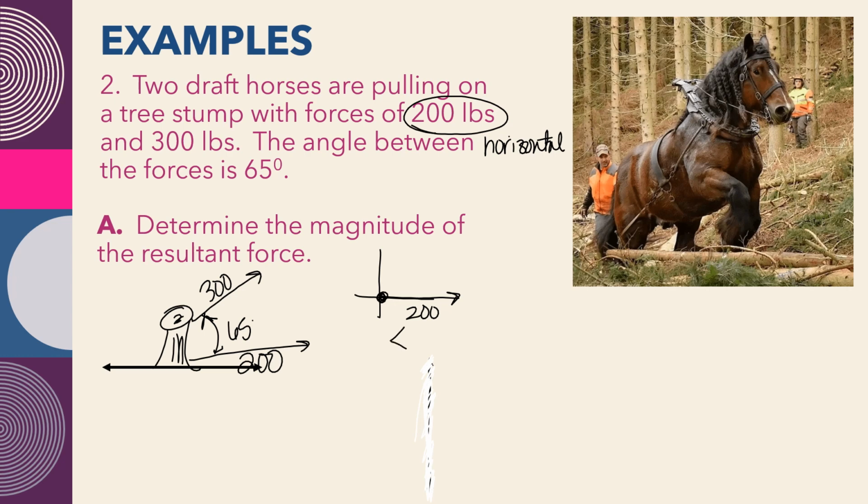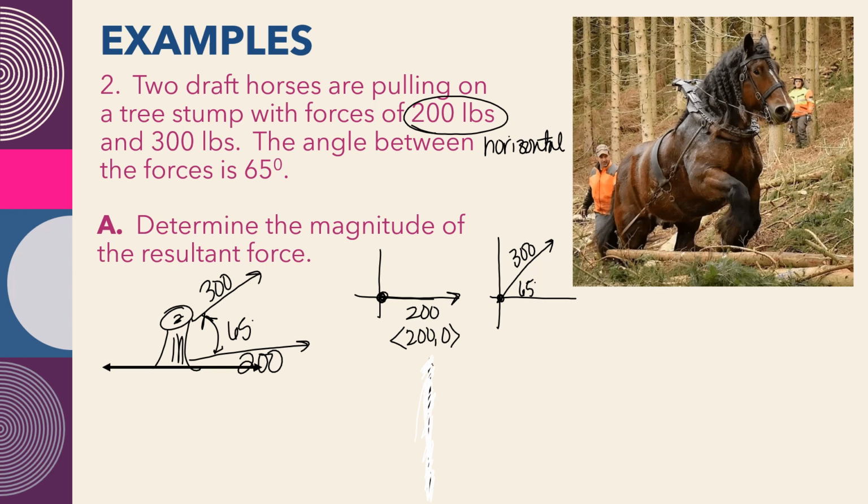It would have a component form of 200, 0, because I'm only traveling horizontally. That one horse is just going straight across the ground. So we're basing everything off of that first horse. The second horse we're going to draw with a 300-pound force going at that 65-degree angle from the first horse.